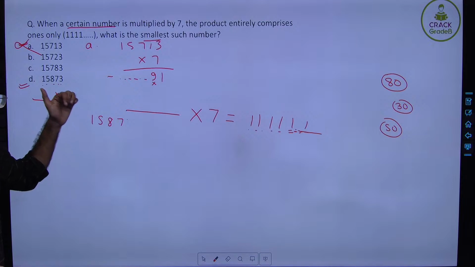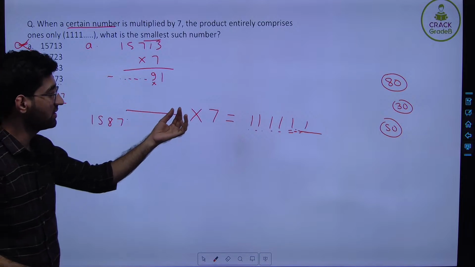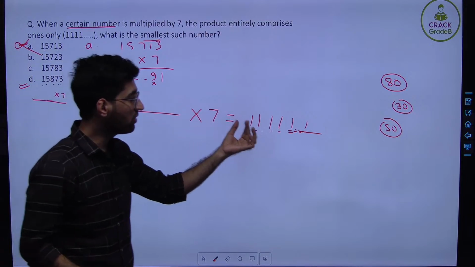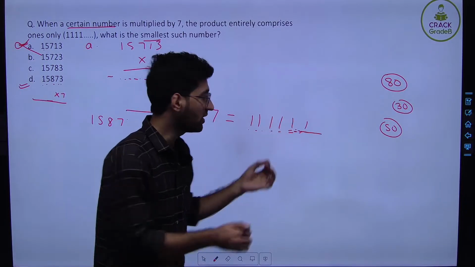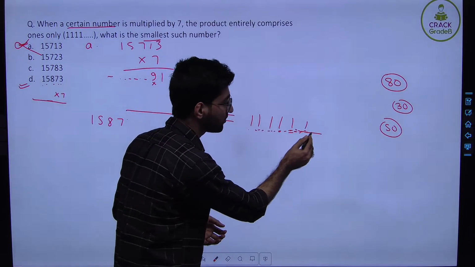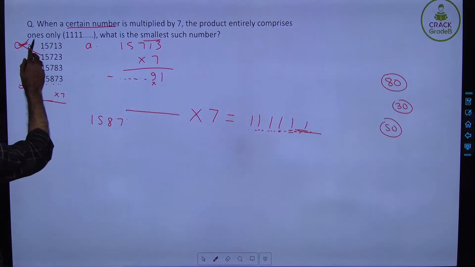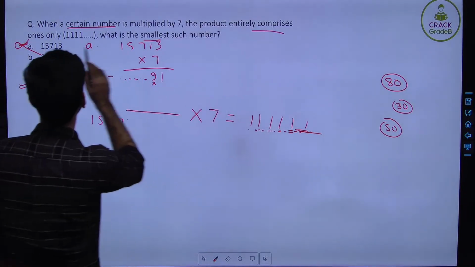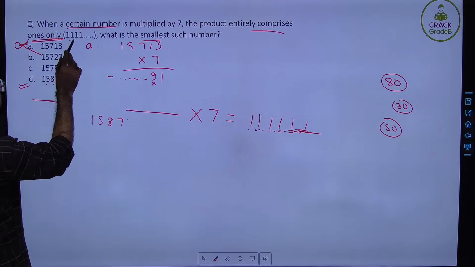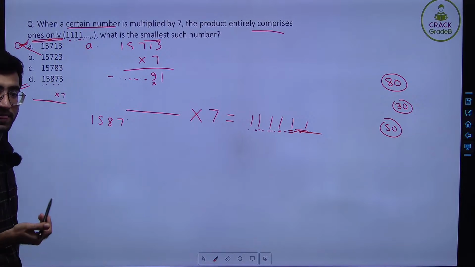It has been given that if you multiply a number with 7, you will only get 1. You will only get 1 in the product. Right? Notice this part. Entirely comprises ones only. Means you will only see 1, 1, 1. Right?